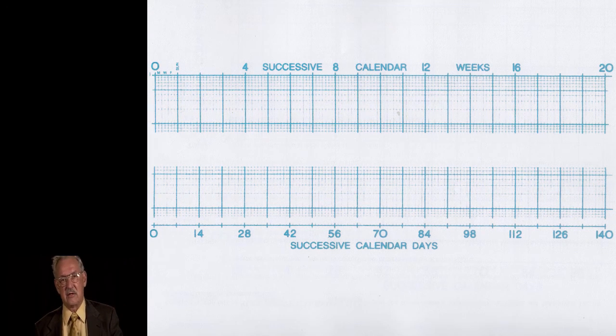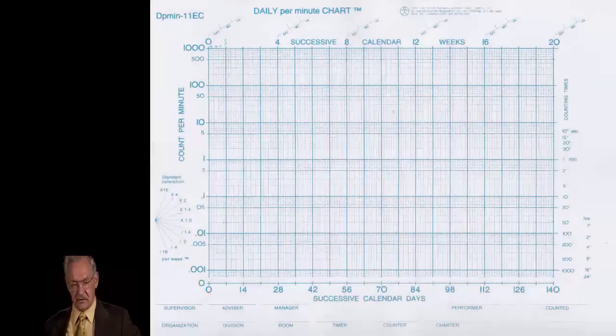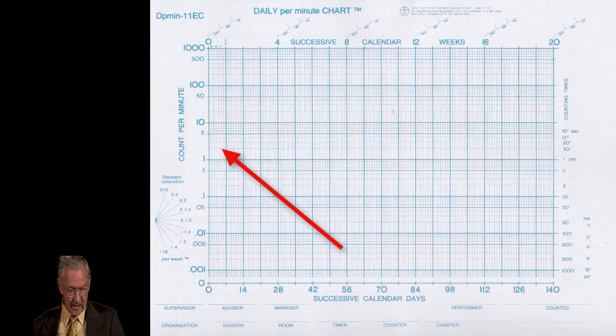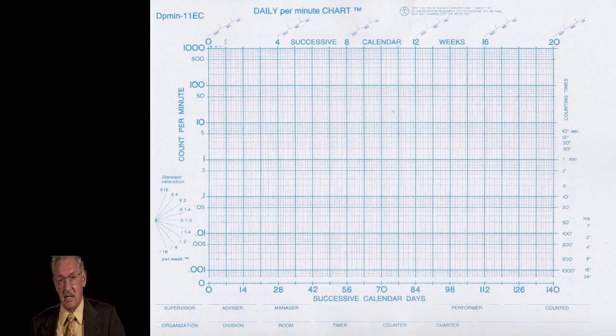Now, let's look at the horizontal lines on the chart, the count per minute scale going up the side. At first blush, these look very different from the lines across the bottom, from the day lines. The horizontal lines behave a little bit differently than the vertical lines. Why is this so?